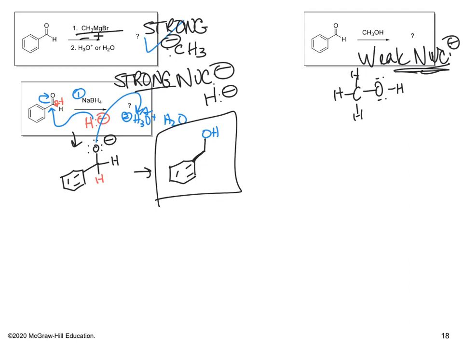And what you're going to have in that case is some acid catalyst. So in that case, you're going to add an acid catalyst for this reaction to occur because you have a weak nucleophile. And in weak nucleophiles, you protonate the oxygen. So this oxygen is going to get protonated. And when the oxygen gets protonated, the oxygen becomes positive.